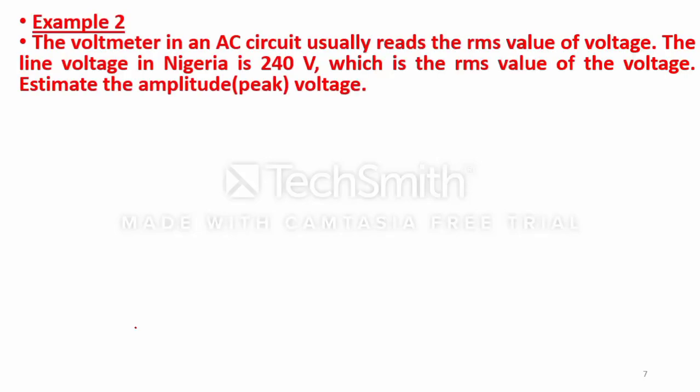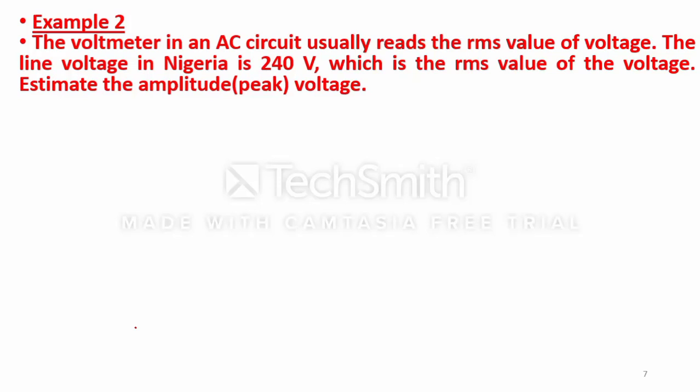Example 2. A voltmeter in an AC circuit usually reads the root mean square value of voltage. So this voltage is 240 volts and is the root mean square value of voltage. The question says estimate the peak voltage or amplitude.